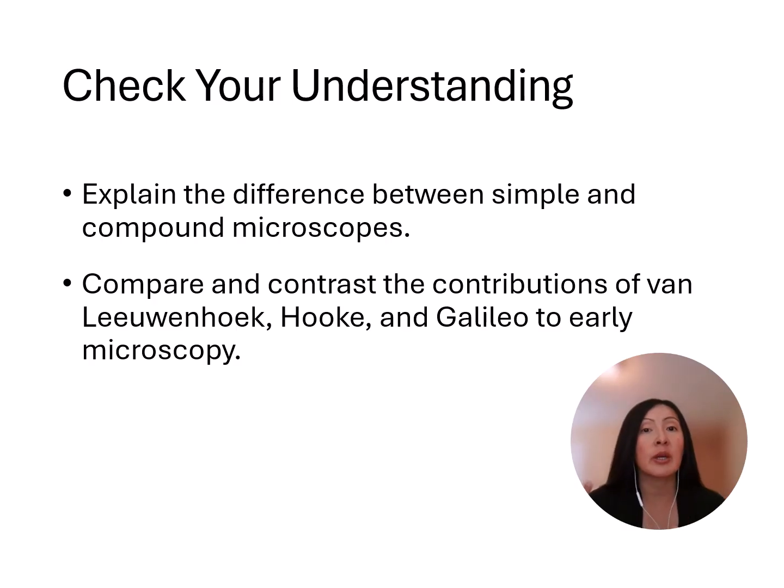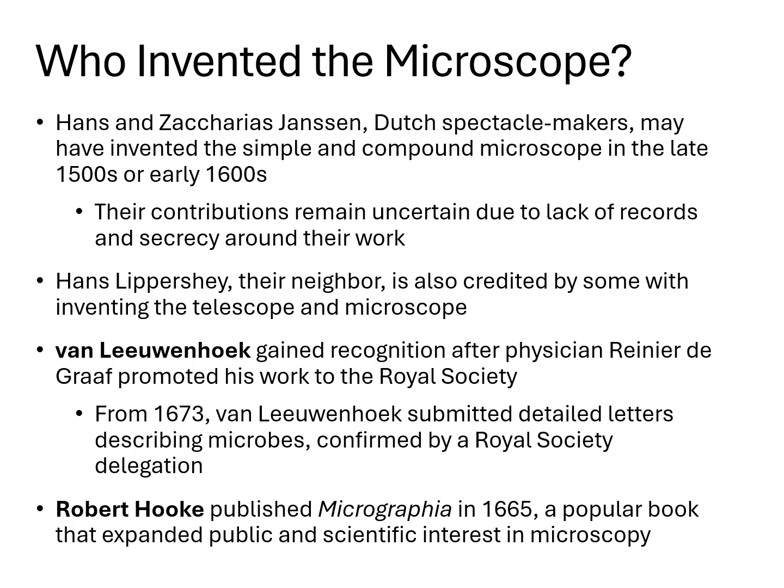He published Micrographia in 1665. He coined the term cells by looking at those cork and other plant cells. Galileo, remember he used his technique from telescopes to create the first compound microscope, and he used that to study insect anatomy.